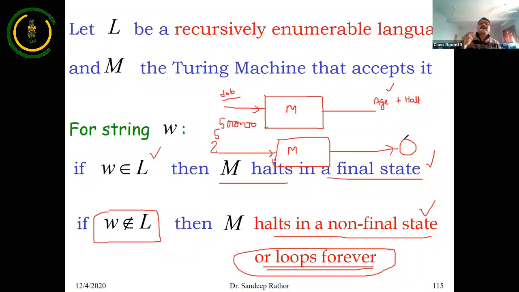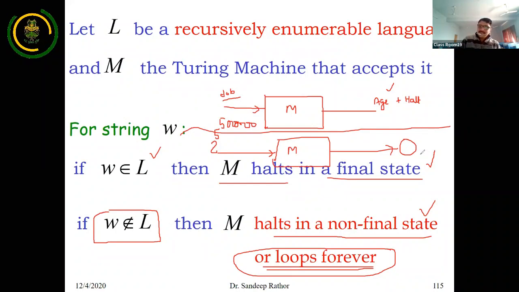Forever means your machine will execute continuously, but you are not getting the answer, right? So this is the simple case of uncertainty, right? You may get the answer, or you may not get the answer. So this is the simple chance of uncertainty, or you can say this is the simple case of recursively enumerable.